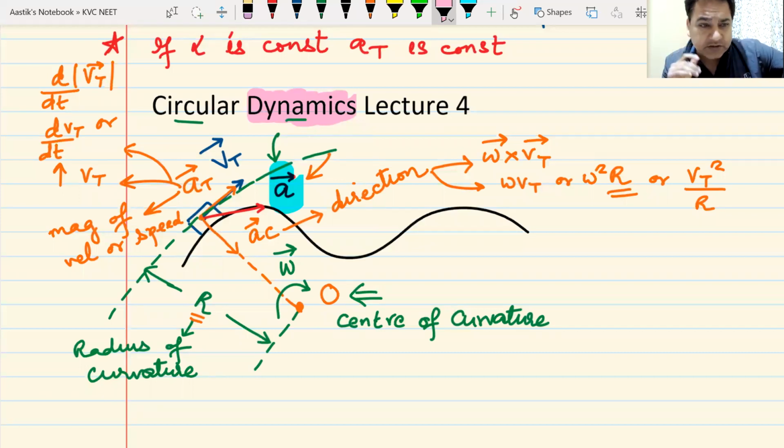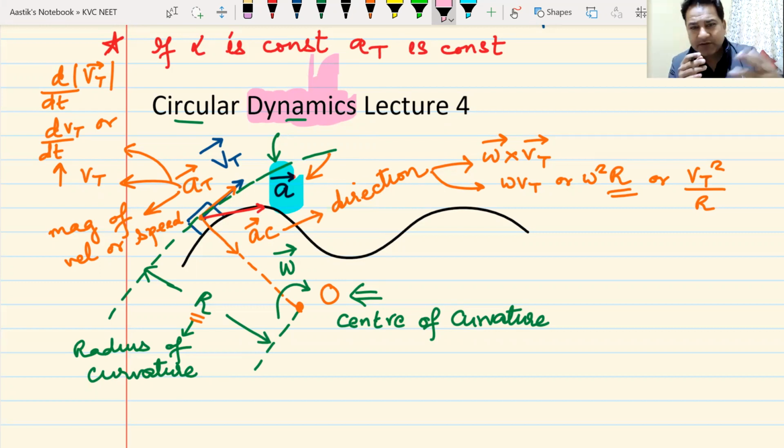When we talked about the term dynamics, what we meant was we must study the cause of motion. What is causing this motion? We studied dynamics before as well.